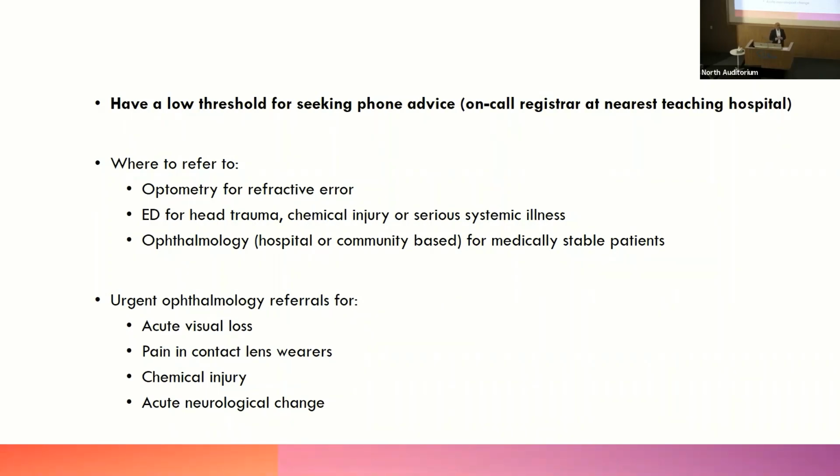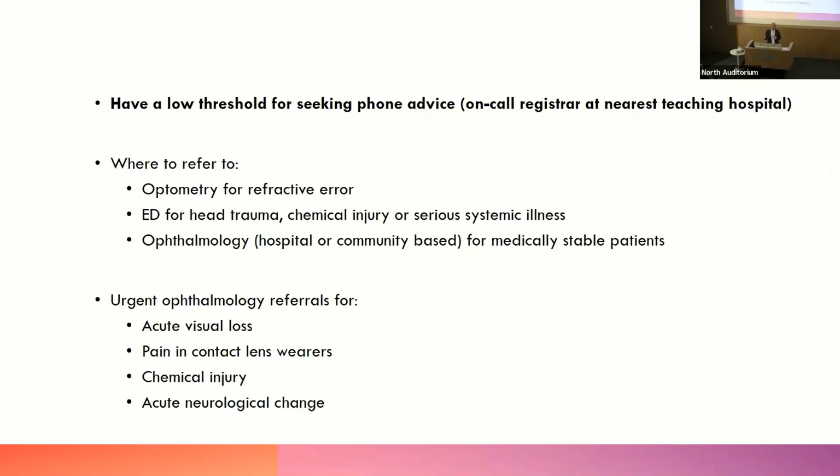Where to refer to depends what the problem is. So if you're a GP and you've got the person who needs reading glasses, they can just go to an optometrist, okay? They don't have to go to an ophthalmologist. If you've got a trauma situation or serious illness, then that sounds like emergency.